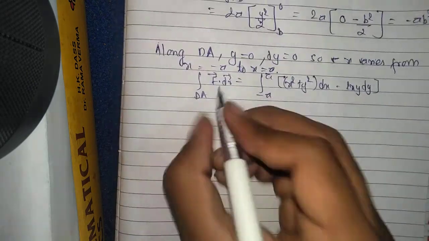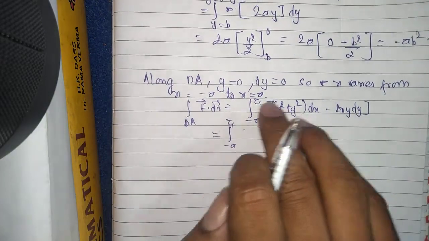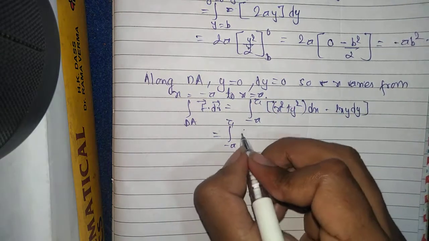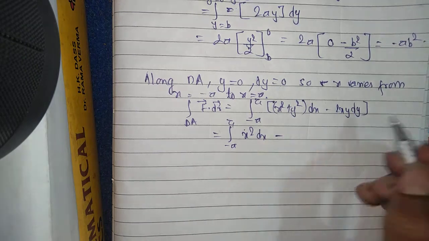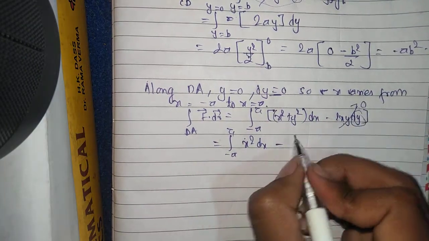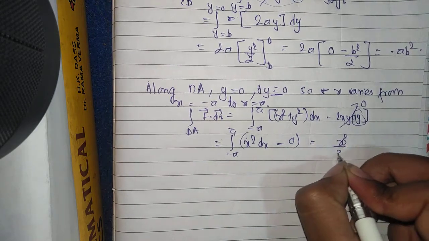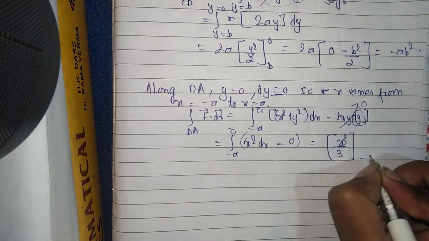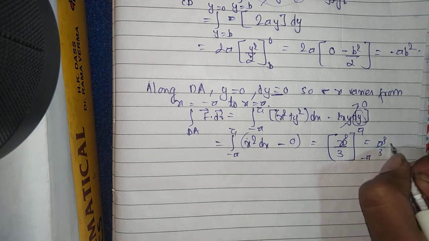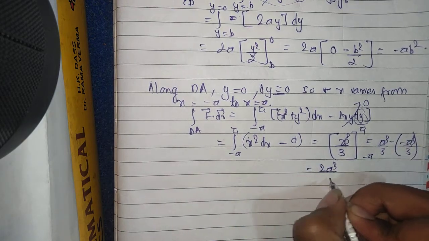Substituting y equals 0, we get x square dx, and since dy is 0, the other term becomes 0. Integrating, we get x cubed by 3 from minus a to a, which equals a cubed by 3 minus (minus a cubed by 3), that is 2a cubed by 3.